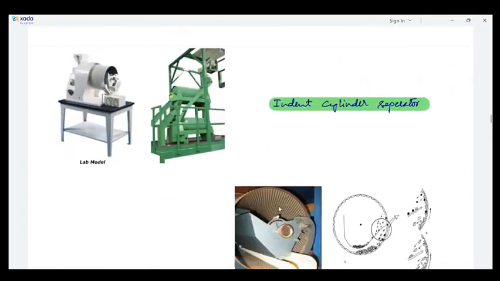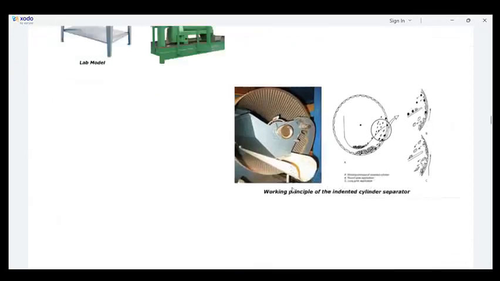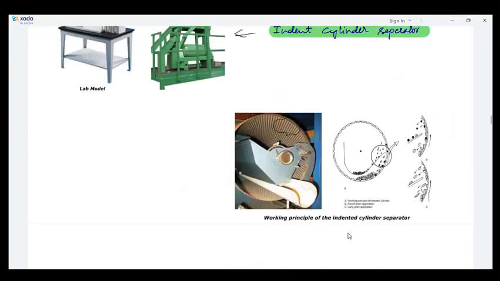This is an indent cylinder separator for length separation, where you can clearly see this is a cylinder. These are the indents that are present all over the cylinder. The seeds will, based on their length, go and sit in these indents. And there is a needle which will rotate over these indents.